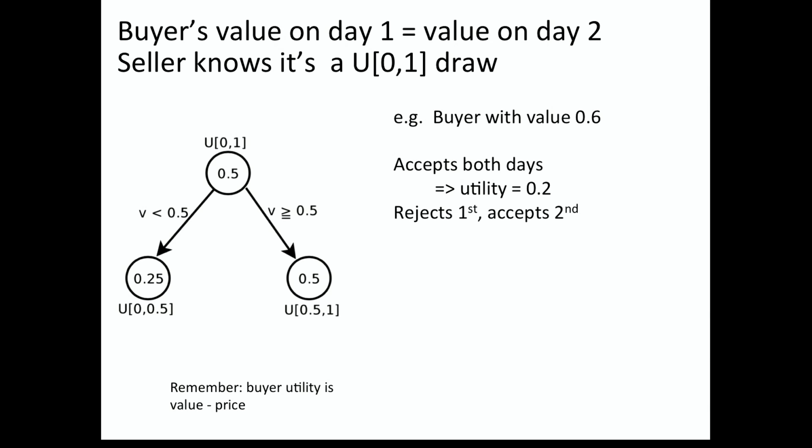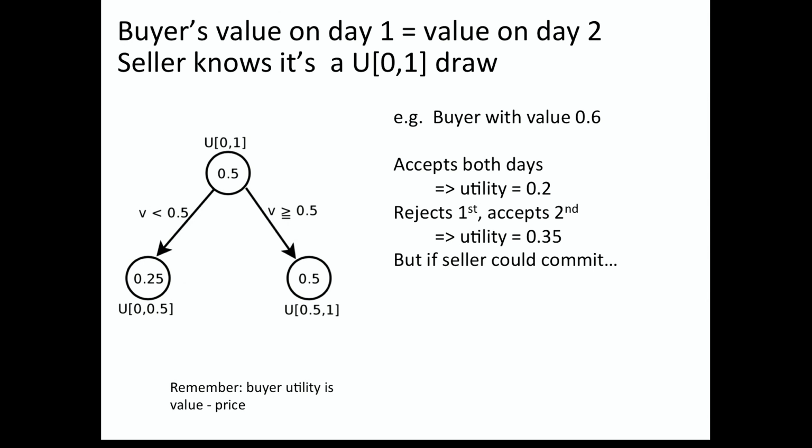But if he rejects on the first day and accepts on the second day, then his utility is 0.6 minus 0.25, which is 0.35. His utility would be higher. So this buyer, anticipating the possibility that the price is going to go down if he rejects, he's waiting for the sale, is going to not do what you want him to do.